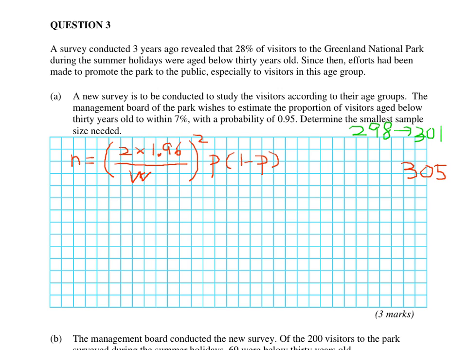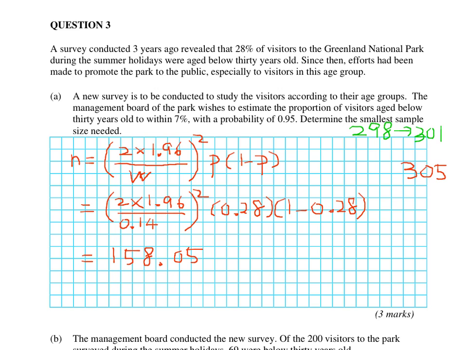Anyway, this is the formula, and this 0.14 comes from the 7% width of confidence interval, so 7% times 2, so 14% here, 0.28 from the 28%, and this is 1 minus p. So you get 158, or roughly 0.5. Of course, we take the larger integer, so 159, and that will be it.